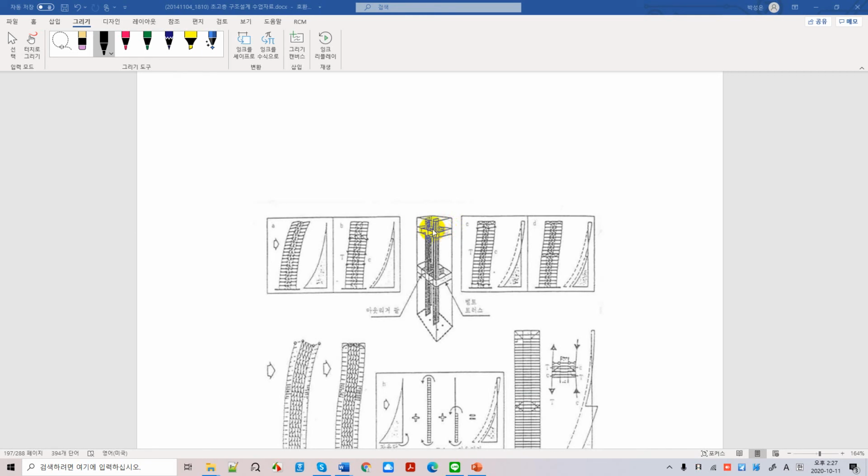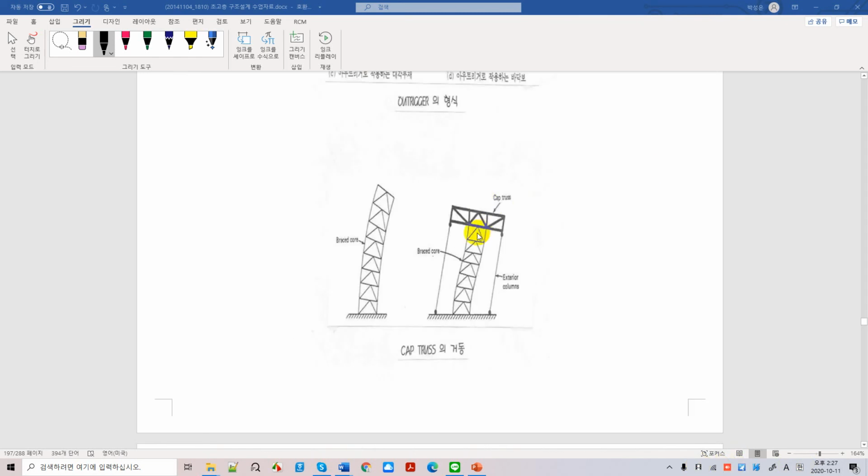And if you put a belt truss on the top of the floor, it is called a cap truss. The one you see here is an example of a cap truss. So you may have a cap truss and somewhere a belt truss where you have outriggers. It is very good, but usually the cap truss may not accompany your outrigger structures because you don't usually put outrigger structures on the top of buildings.